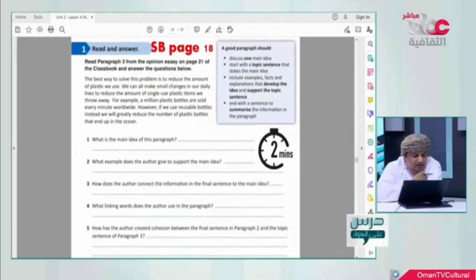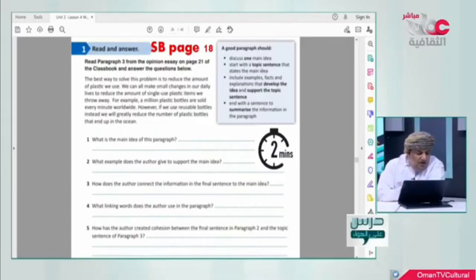The supporting sentence. Now let's look at question number 3. How does the author connect the information in the final sentence to the main idea? Here, this is the final sentence and the main idea for the next paragraph. So I want you to look, how does he connect them?